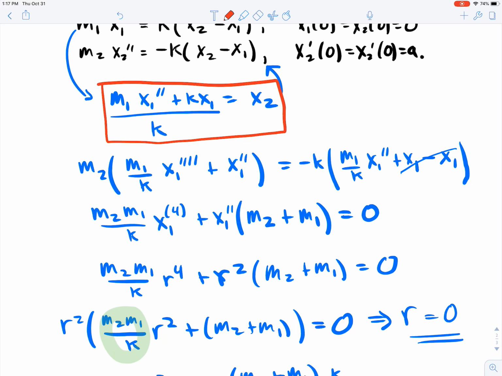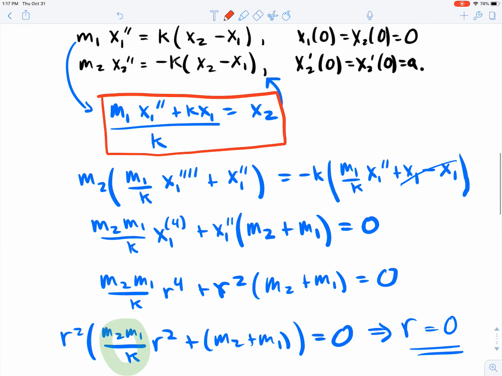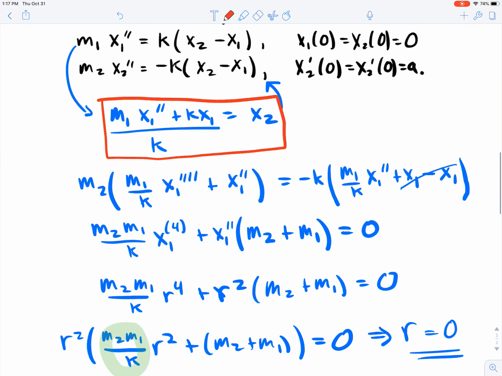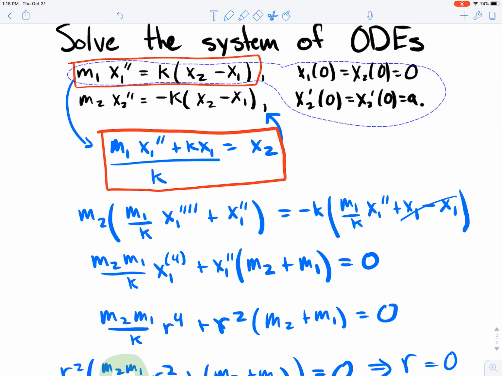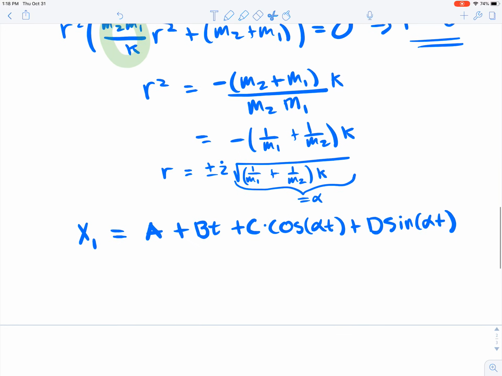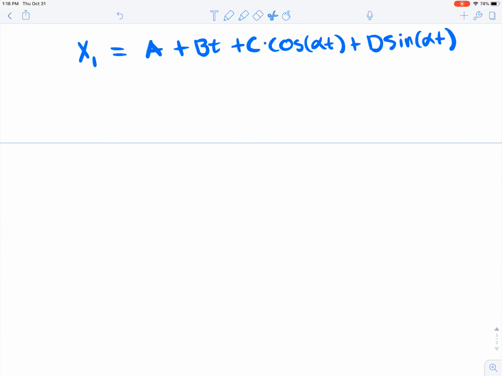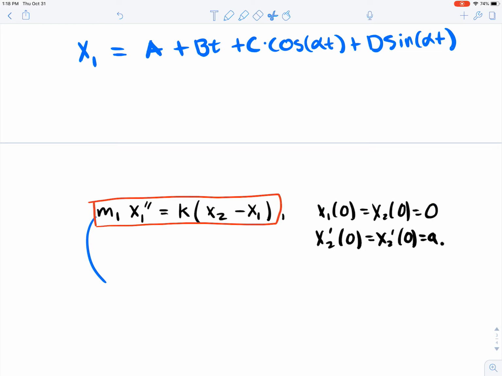And since we just figured out what x1 is, we can use the first equation, this one here. So let me go ahead and copy that with our initial conditions and go down to the bottom where we left off and paste these here.